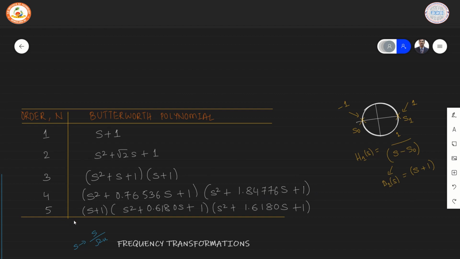For the fifth order, it is s plus 1 into s square plus 0.6180 s plus 1 multiplied by s square plus 1.6180 s plus 1. So this way, we can determine the Butterworth polynomials for order 1 to 5, and a similar procedure can be used to compute for other orders also.